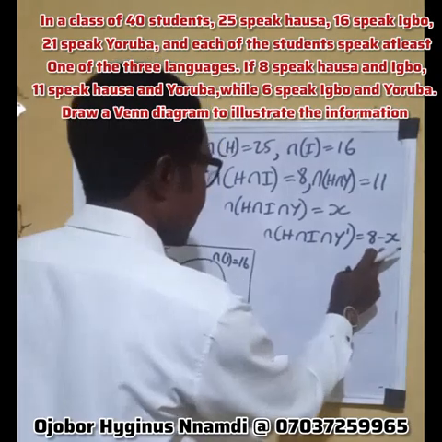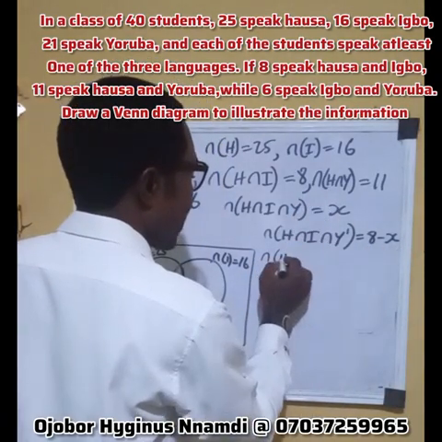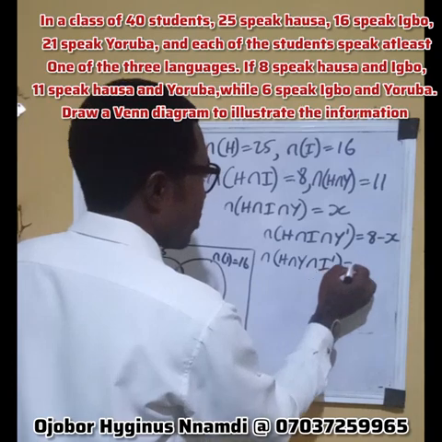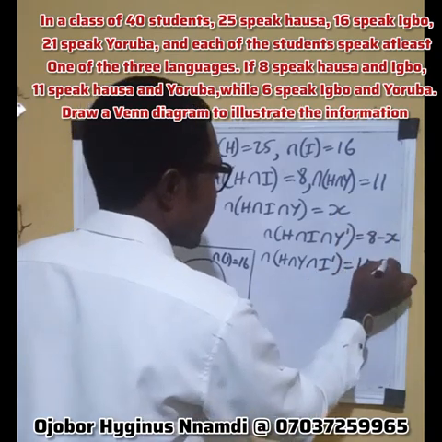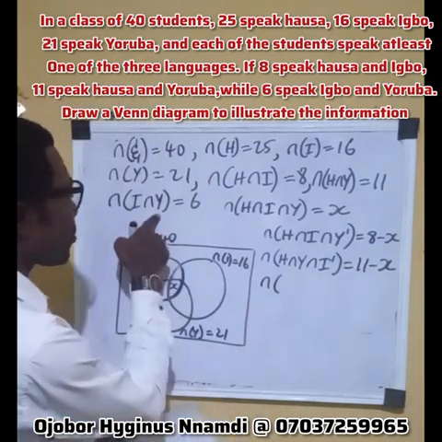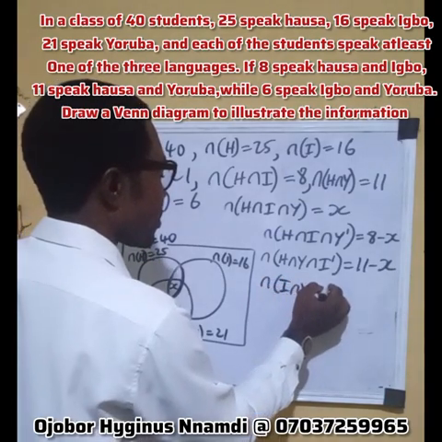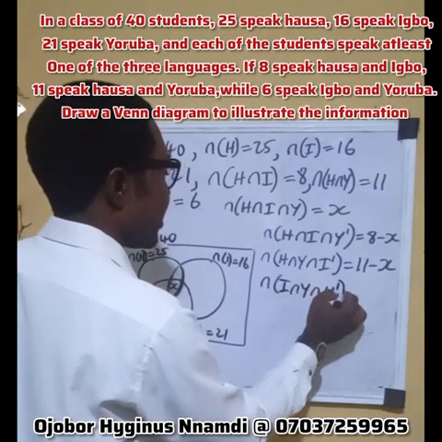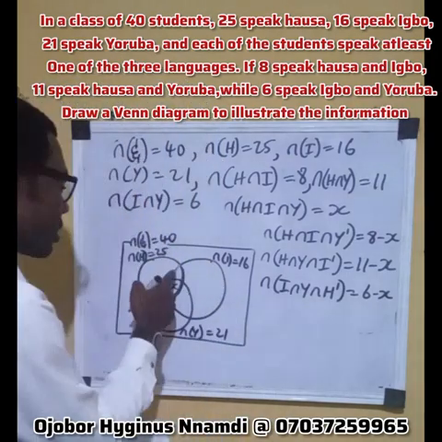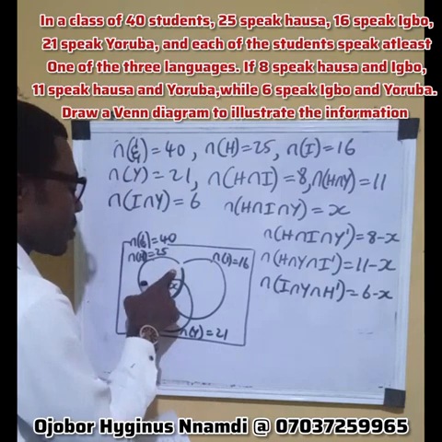That's why it is 8 minus X. Number of students that speak Hausa and Yoruba, but not Igbo, is going to be 11 minus X. While number of students that speak Igbo and Yoruba, but not Hausa, will be 6 minus X. So those will fit into these three boxes. Okay?